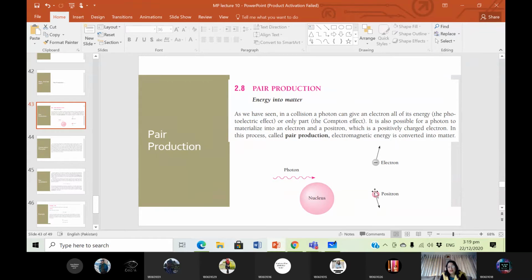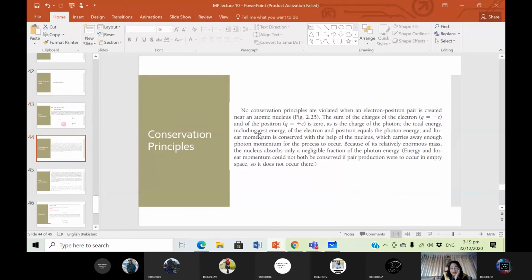So इन दोनों को balance करने के लिए zero charge होगा. At the end of the equation, we have zero charge because both are canceling each other. So we have zero charge, and in the beginning, we also had zero charge. So we can see that conservation principles are not violated. The sum of the charges of the electron and the positron is zero, the same as the charge of the photon. Photon also has zero charge.